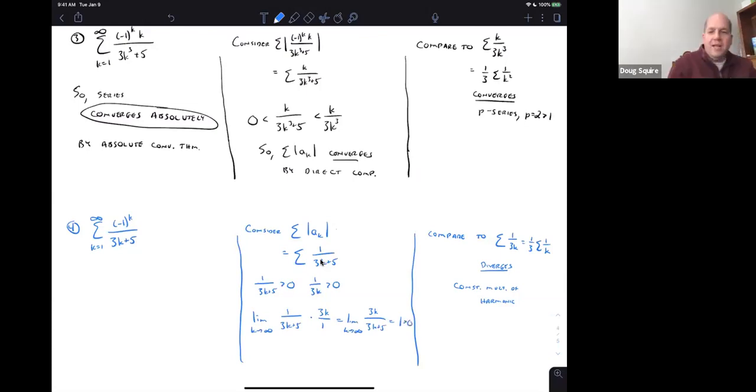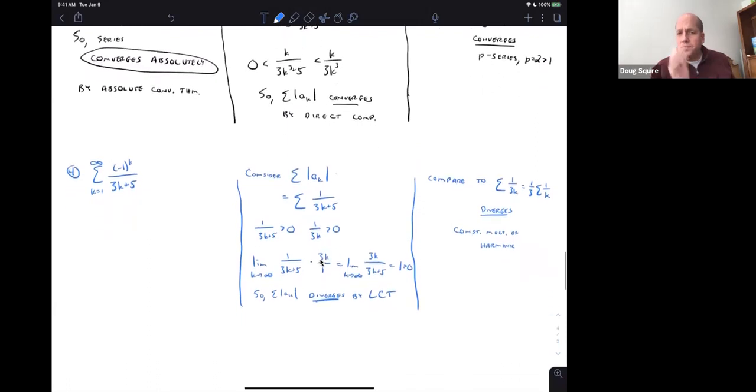It's important that that's a number and that it's positive. And so the sum of the absolute value of a_k diverges by limit comparison test. This is a little messy. Does that make sense?